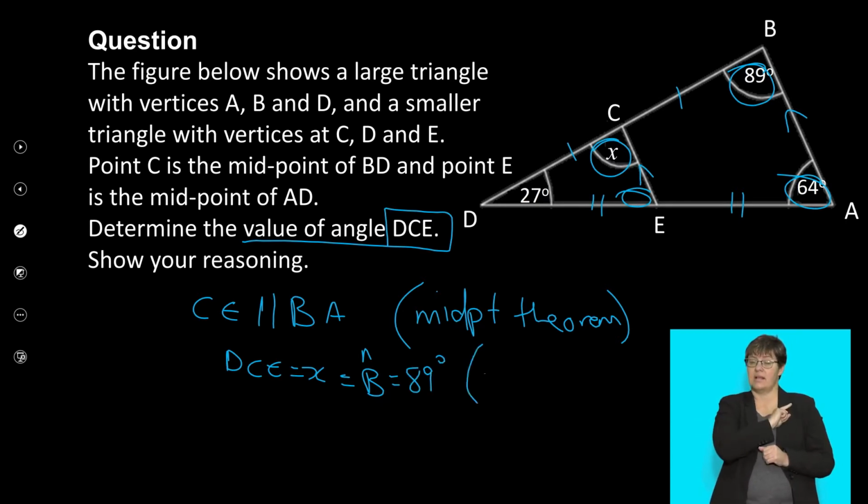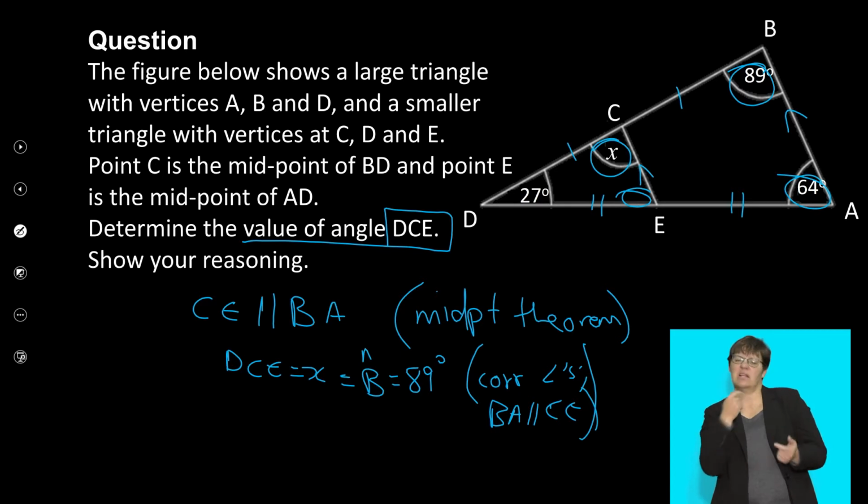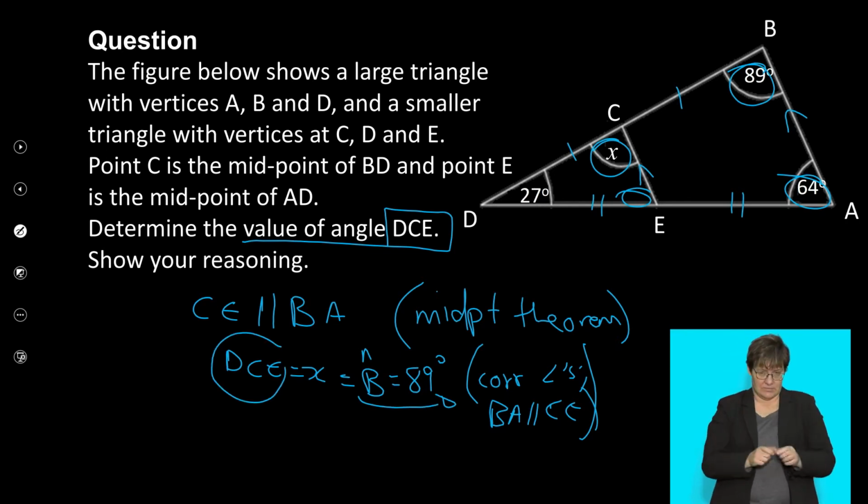And then your reason will be corresponding angles because, remember, my line BA is parallel to CE, or CE is parallel to BA. It is really up to you how you write that, right? And then that's how you can find what the angle DCE is, which is as simple as finding X.